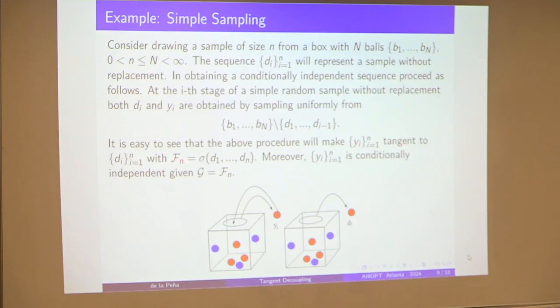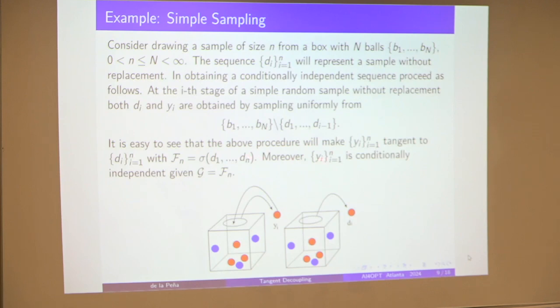With the sigma field Fn... Actually, Siva made a very interesting observation, which wasn't in this slide. It will be in the next version. They will be tangent given the sigma field of d1 up to dn and y1 up to yn. That's an enlarged sigma field.